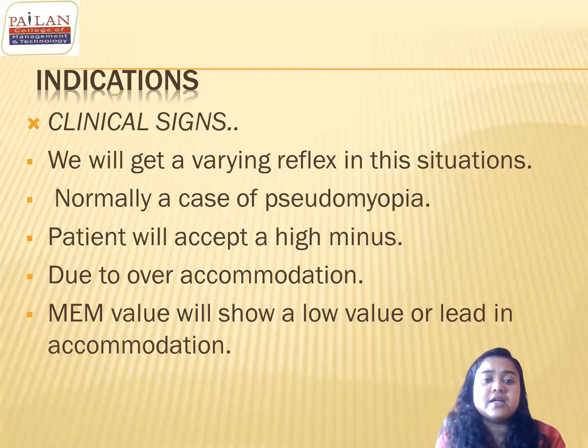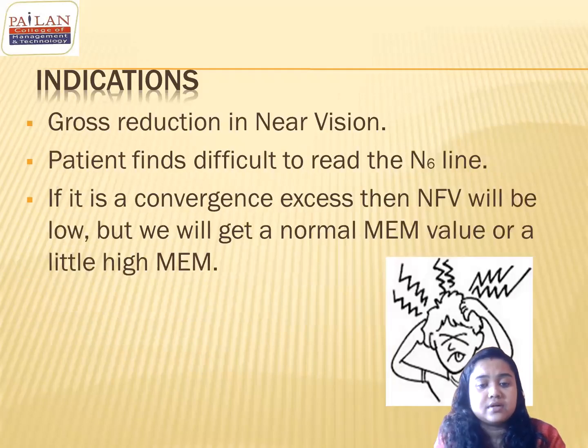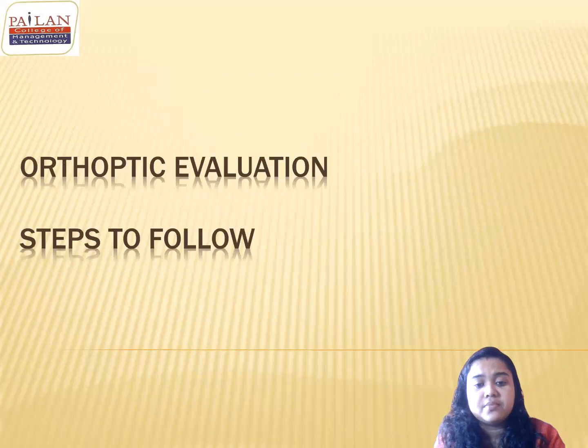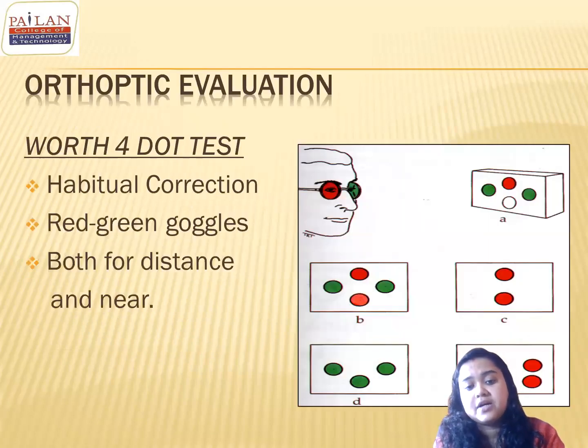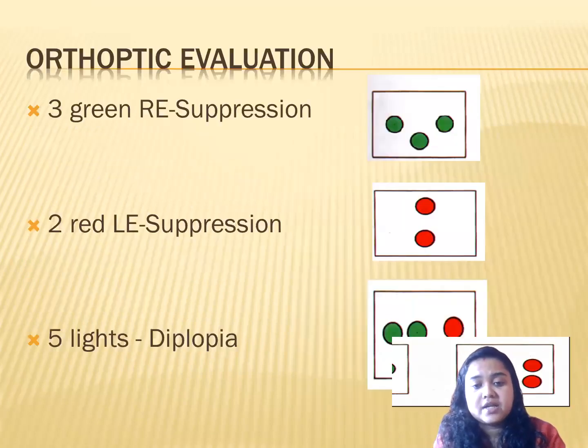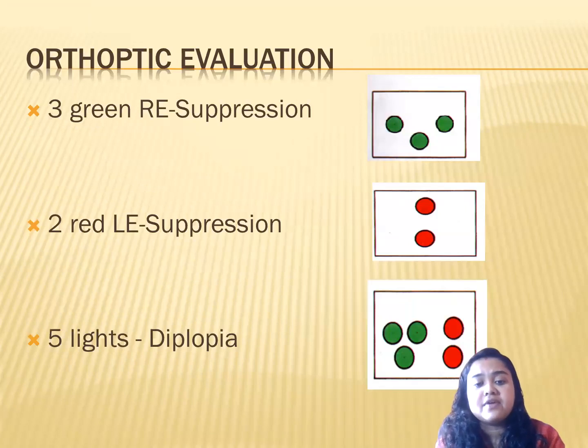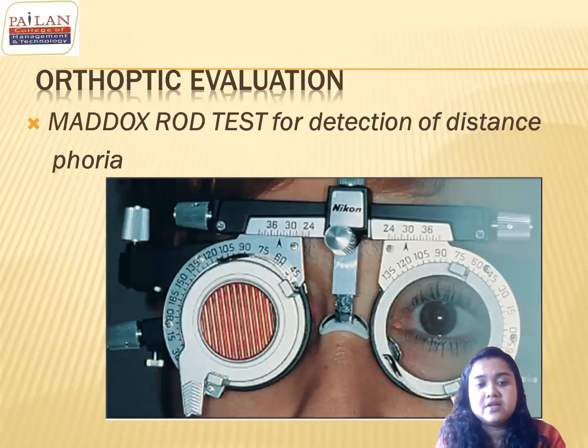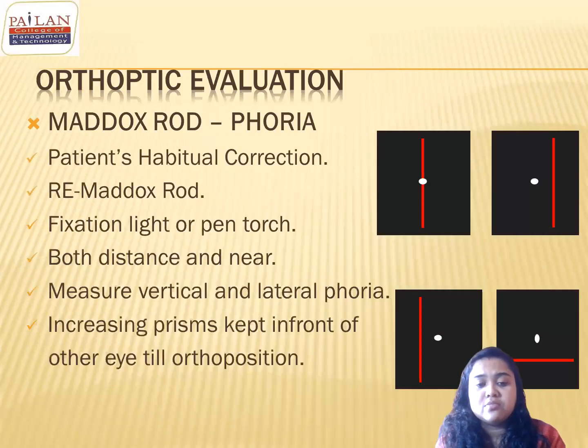Also, we correlate and see whether the NRA PRA is normal or not. That is very important to find out. NRA is the negative relative accommodation, meaning the maximum level to which the patient can relax accommodation, and PRA is how much the patient can stimulate the accommodation, right?